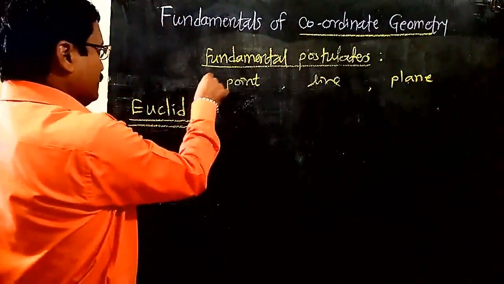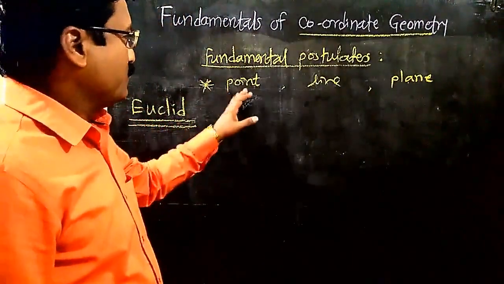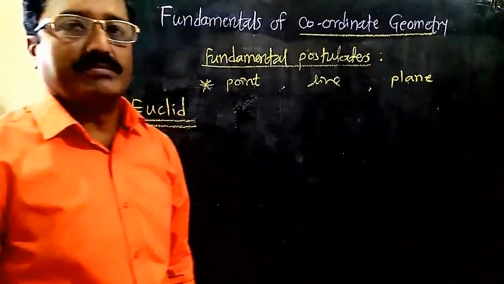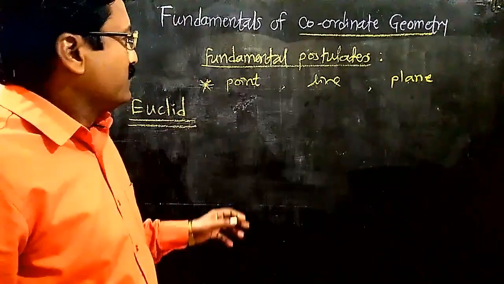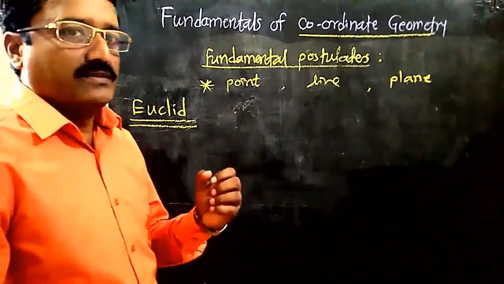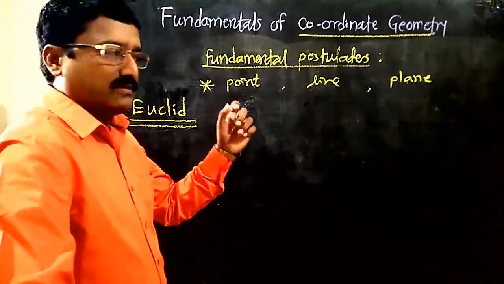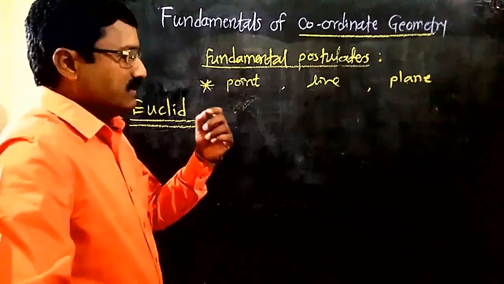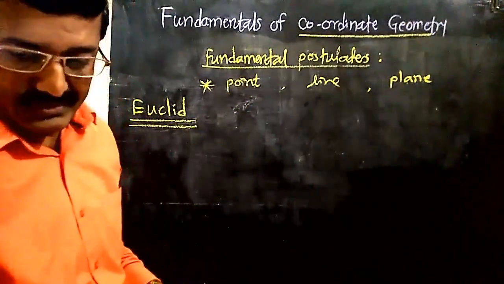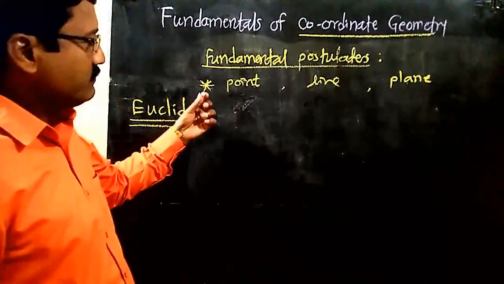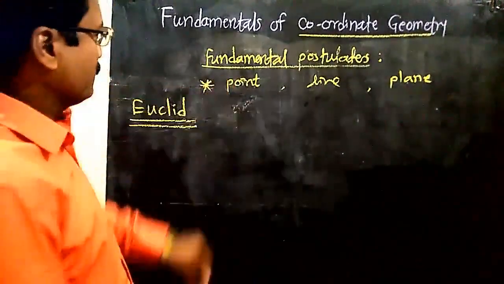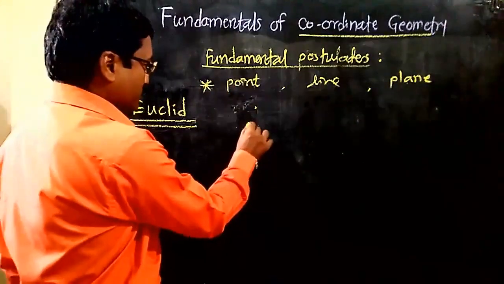But these three figures, point, line, plane, cannot be defined, because there is no object that we call a point. We can call any object a point. For example, you can call this a point, or this a point, or this also a point.